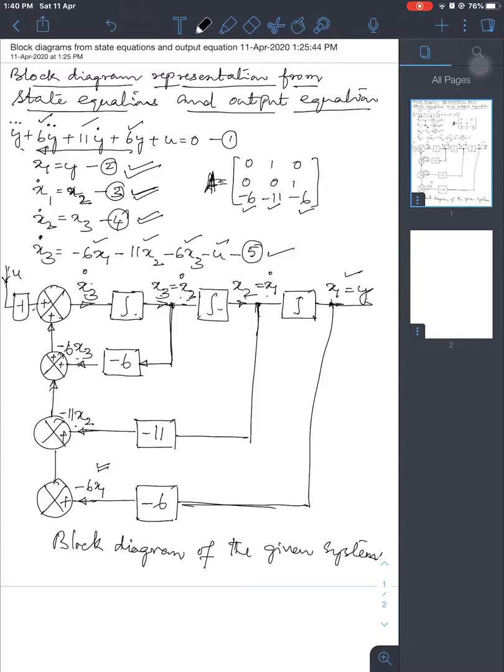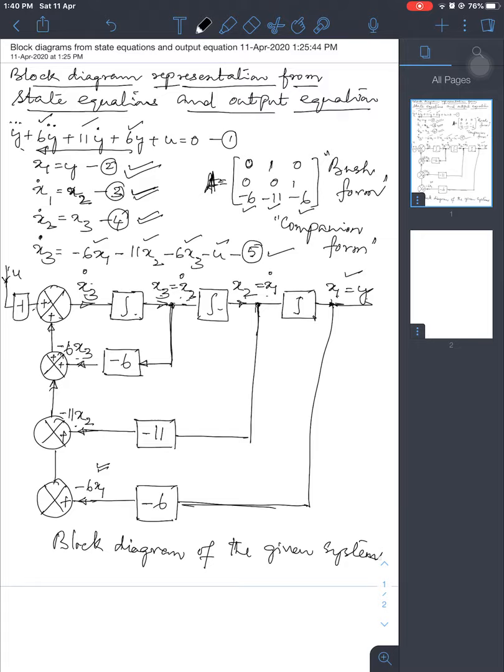And this particular form of system matrix is called Bush form, or also called companion form. It has to be remembered that in this form, the first element of the system matrix is always a 0, and it has got 1 as the second element, and the remaining elements are 0.